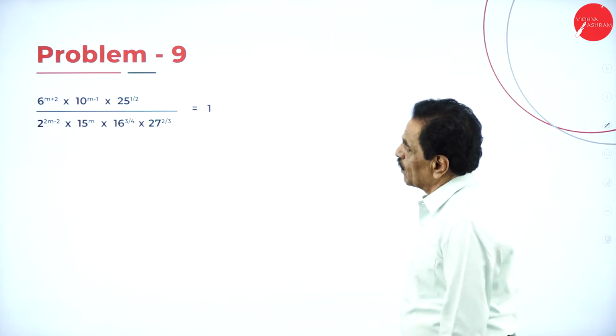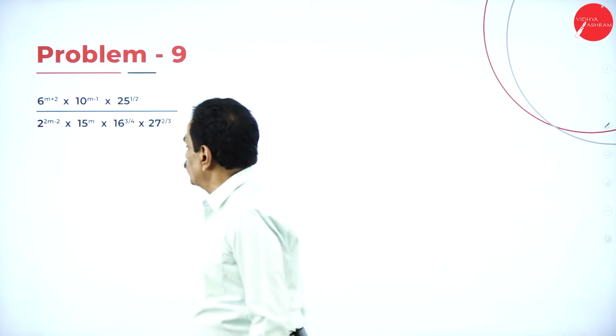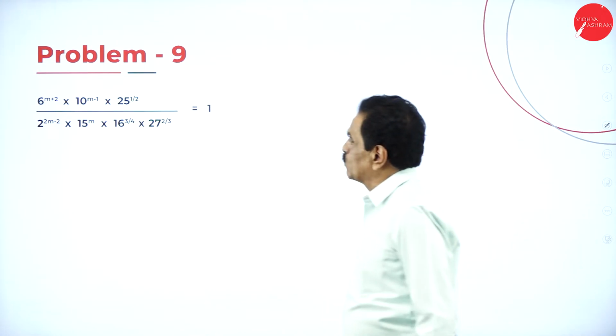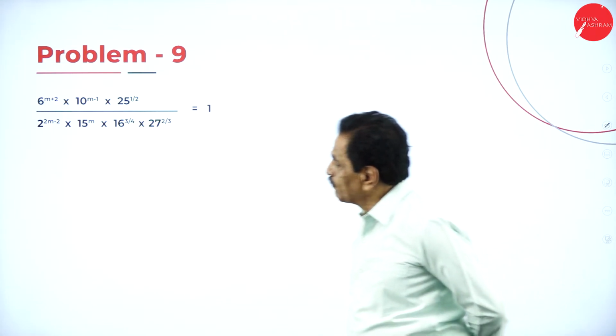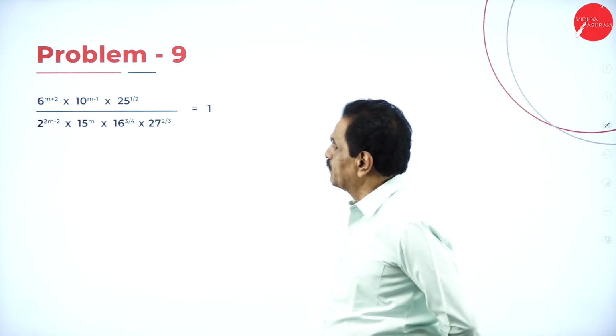Next one: 6 to the power of m plus 2 into 10 to the power of m minus 1 into 25 to the power of half, divided by 2 to the power of 2m minus 2 into 15.